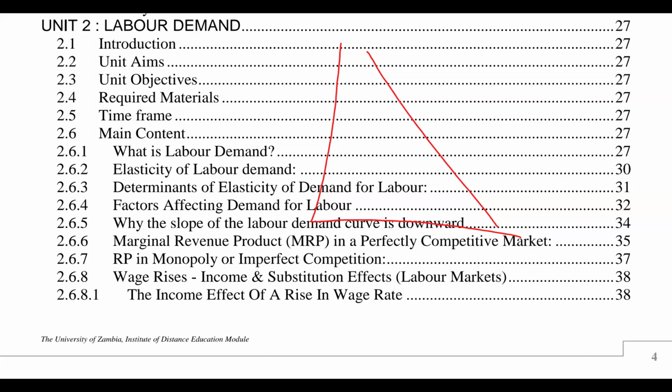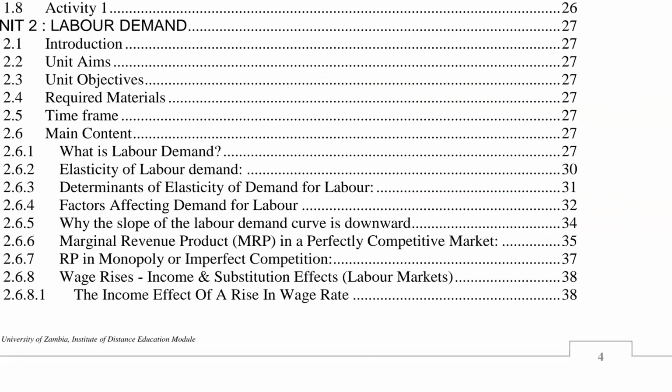Because of the same, we'll look at the marginal revenue product, especially in perfectly competitive markets. And we'll do the same in monopoly and imperfect competition. We will ask ourselves what happens when wages rise. What are some of the effects? That is to say, the income and substitution effects. We'll hold these conversations in detail.